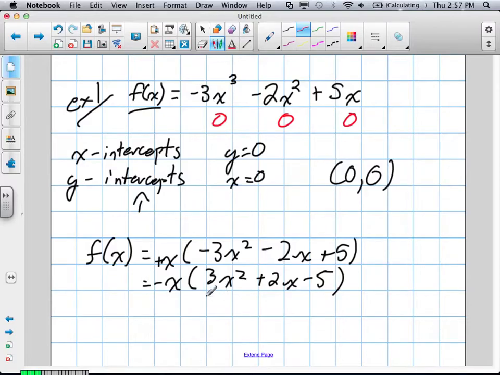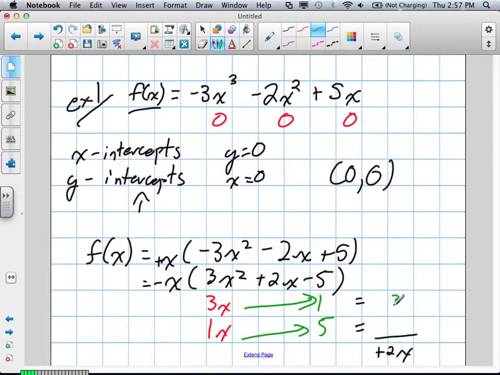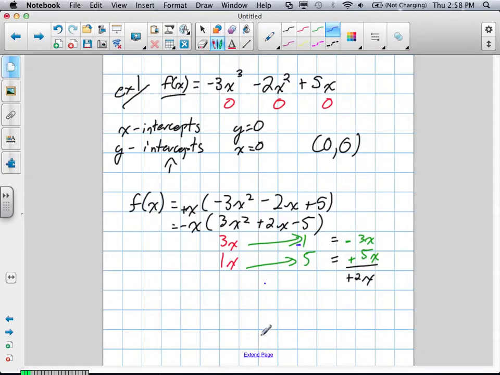Factors of the first term are 3x and 1x. Factors of our last term are 1 and 5. So we know we're going to be using those. Their products need to add up to our middle term, which is positive 2x. When I multiply across, this will give me 3x and 5x. The 5 will need to be positive and the 3 will need to be negative. In other words, the 1 now needs to be a negative term.